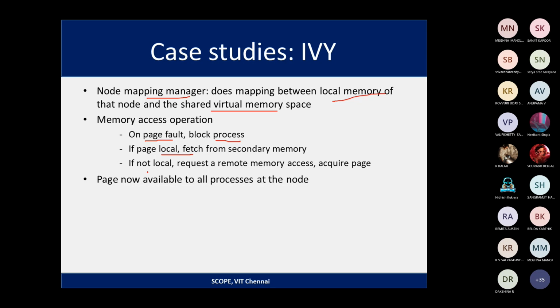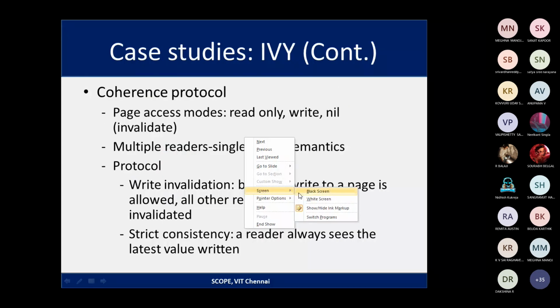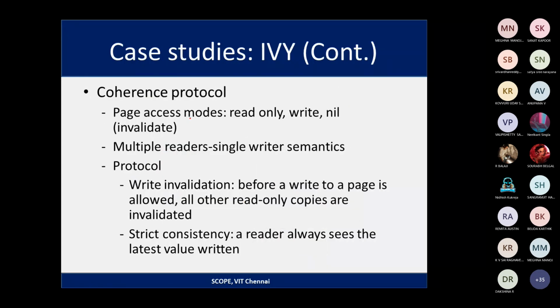If the page is not local, we request remote memory access in order to acquire the page, and the page will then be available to the process. The coherence protocol it uses has page access modes of read-only, write and nil. These access modes are used for the coherence protocol. It uses multiple readers and single writer semantics, a write invalidation protocol, and follows strict consistency.